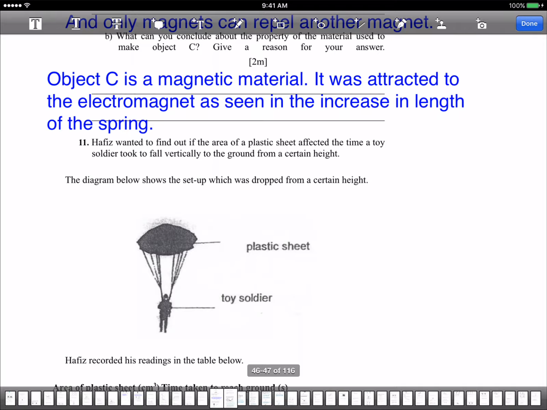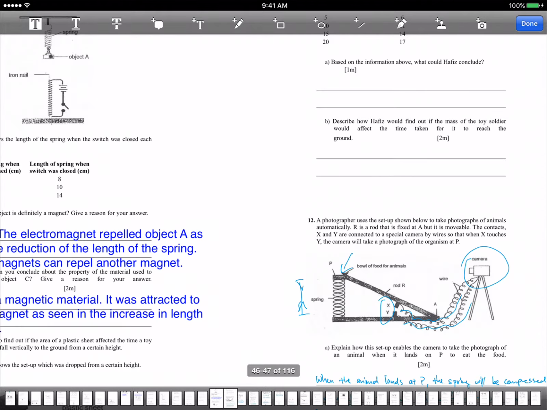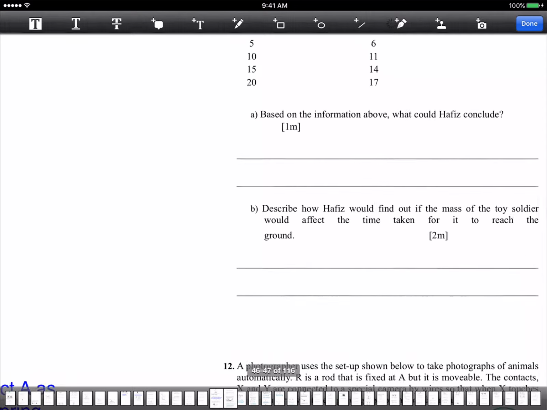It increases. That means it's coming down slower. So based on the information, what can you conclude?